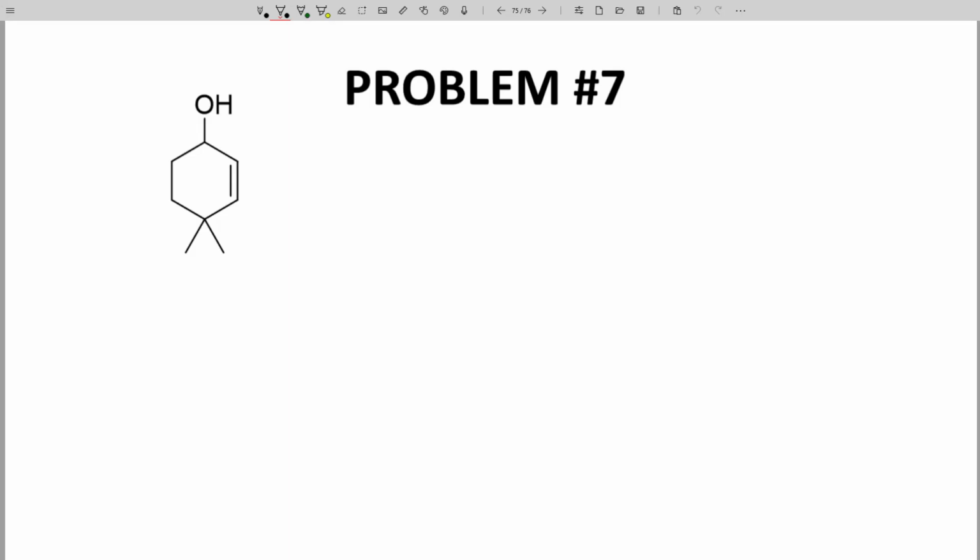All right, this problem has a little bit of a twist because it has a ring. So again, we need to look at our groups and find the highest priority group. In this case, the alcohol is higher priority than the alkene. Now this is going to be some type of six-membered ring, and it's going to be a cyclohexane.